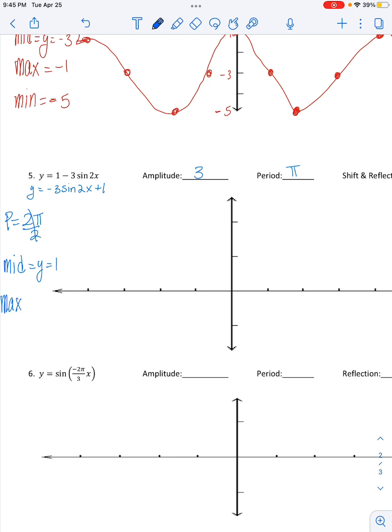Our maximum is going to be our midline, 1, plus our amplitude, which is 3, so it's going to be 4. Our minimum is going to be our midline, which is 1, minus 3, which is going to be -2.